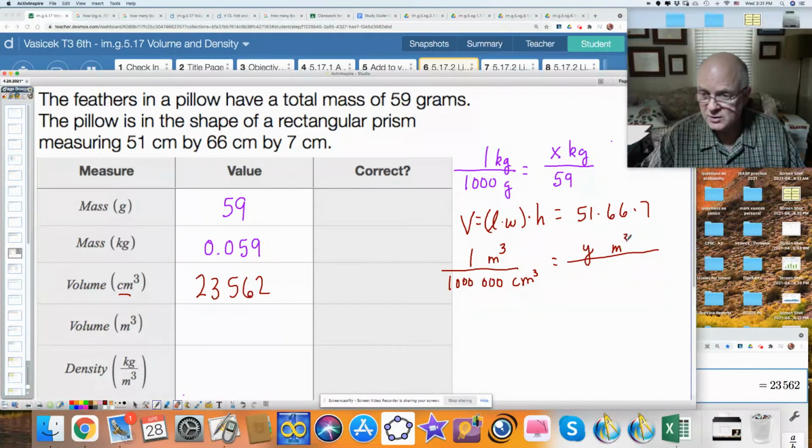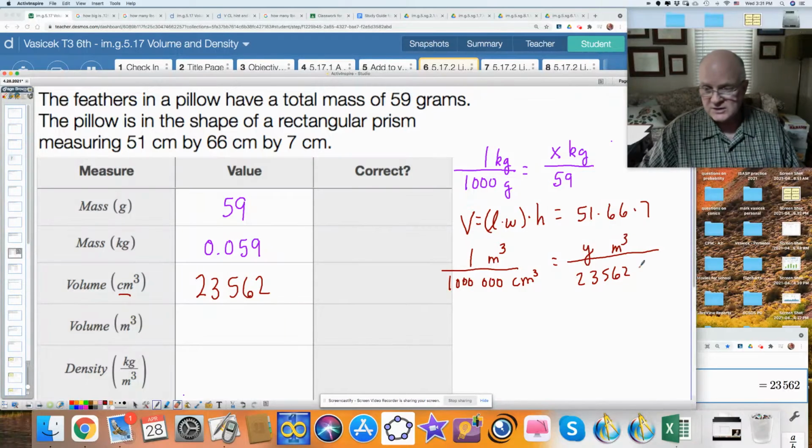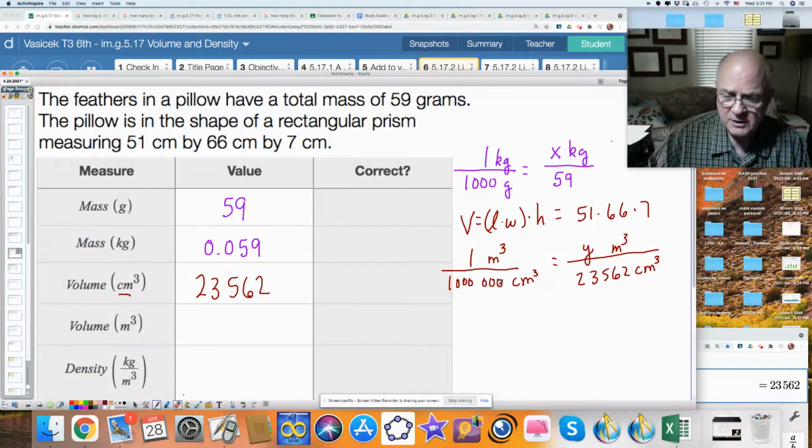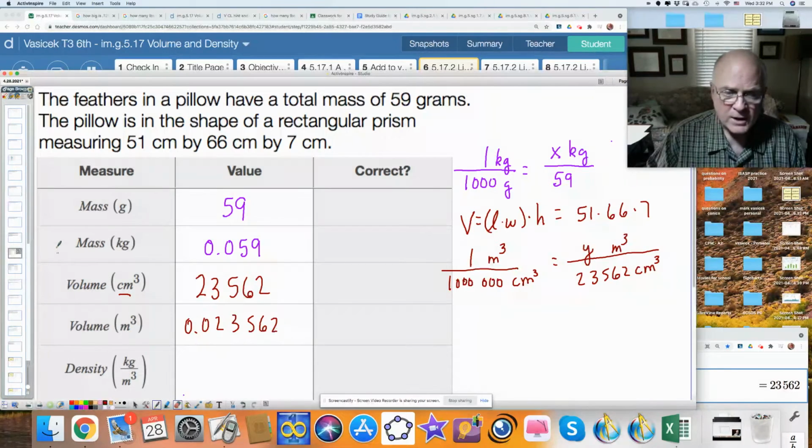Meters cubed is for every 23,562 centimeters cubed. Well, this is going to be 23,562 divided by 1,000,000. Or I'm going to move this 6 places. 1, 2, 3, 4, 5, 6. And I get 0.023562.